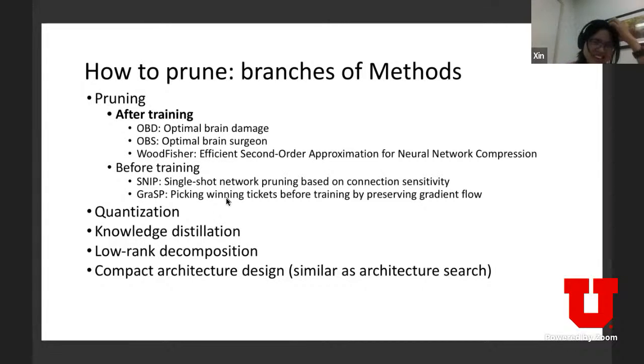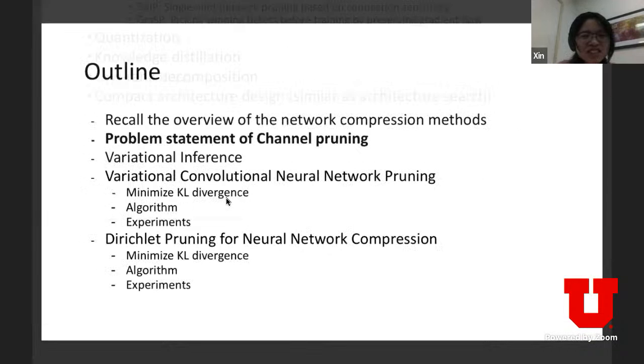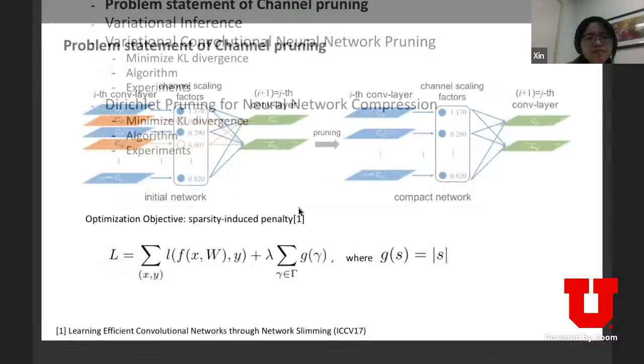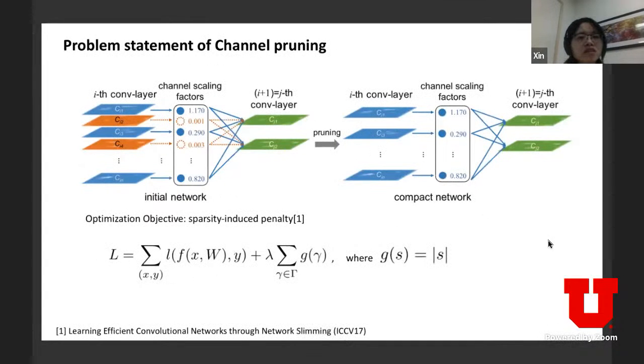Okay, okay, I will. So today we are going to focus on channel pruning. Firstly, let's look at how to define the channel pruning problem. There is one figure from two convolution layers.